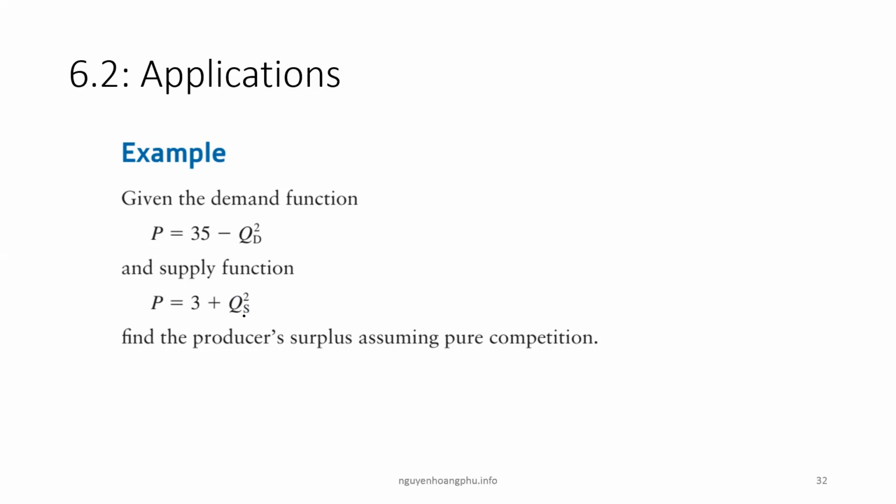Here Q demand, here Q_S. Find the producer surplus, assuming pure competition. When I say pure competition, it means the market is efficient, and here the market will determine the price. And we will have equilibrium.